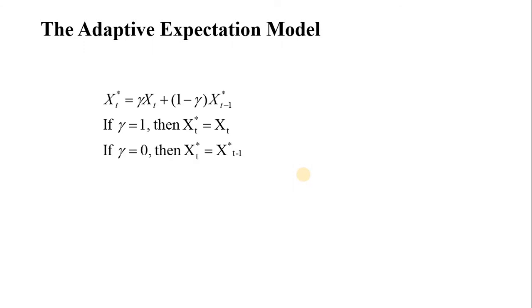Now what will happen to these equations when your gamma is equal to 1? That means if your expectation is exactly correct, what will happen?